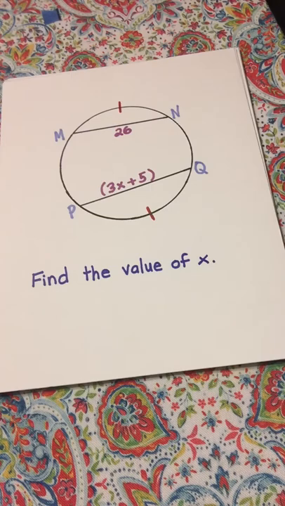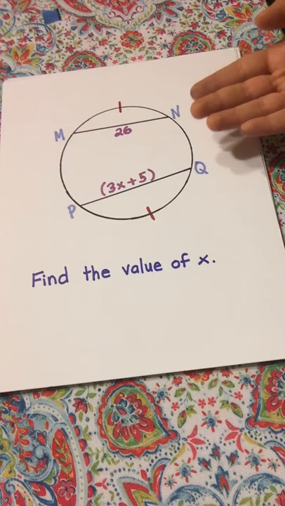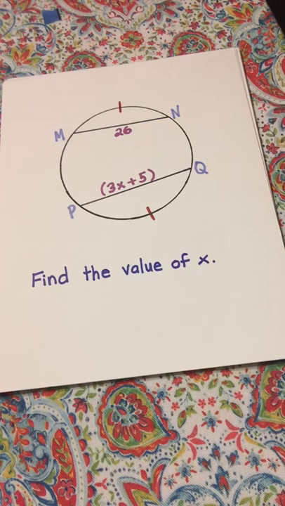So the converse of Theorem 11.2, which is basically the opposite of what the theorem was saying to us, is that in the same circle, minor arcs are congruent, and their corresponding chords are also congruent. Now we're going to use the converse of Theorem 11.2 to solve this problem, in this case to find the value of x.